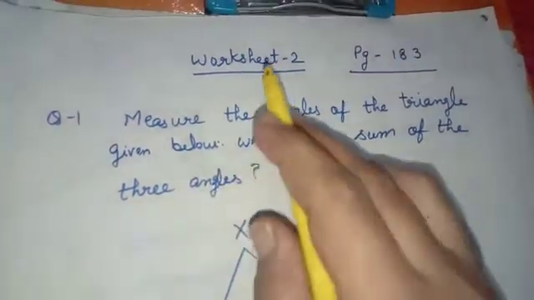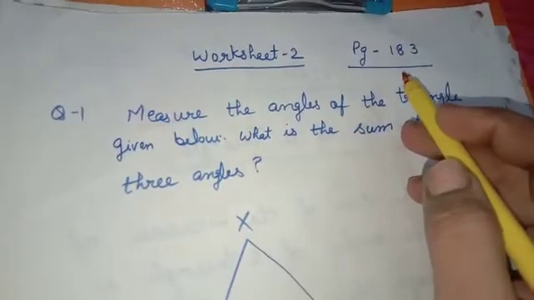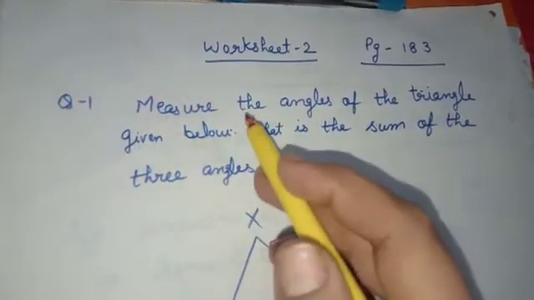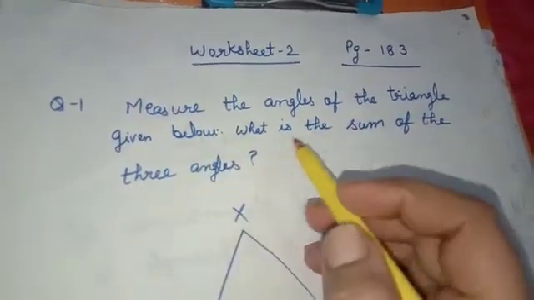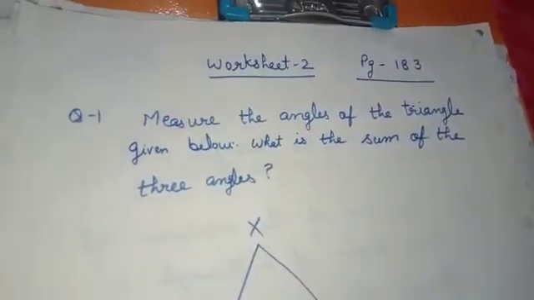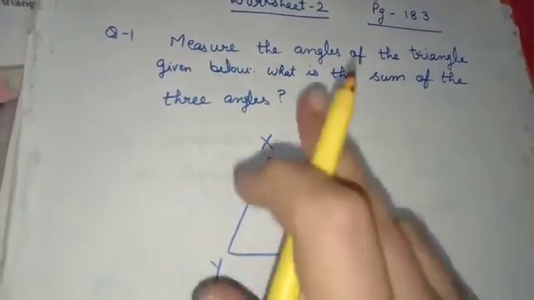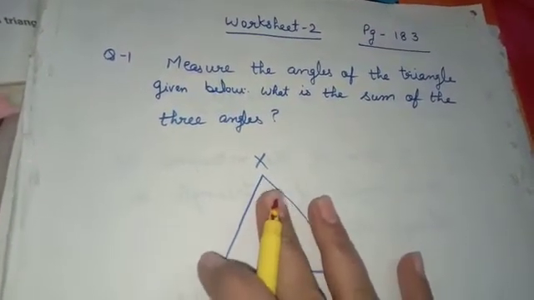Now the same property will be used in worksheet 2 of our chapter, at page number 183 of our book. The first question is, measure the angles of a triangle given below. What is the sum of the three angles? A triangle is drawn in the book, and you will solve this question in your book.